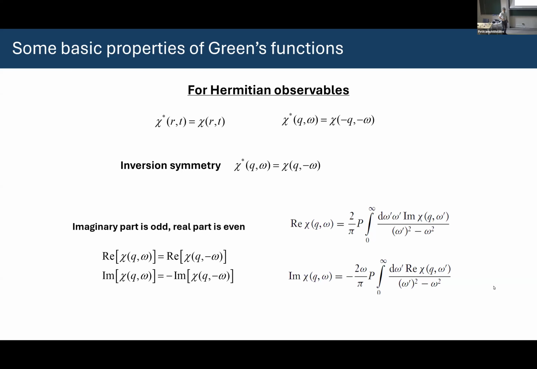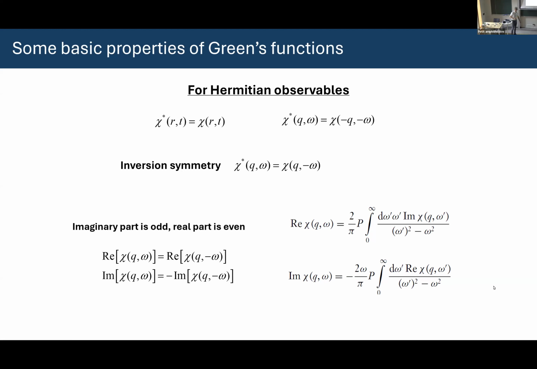In addition, if the system has inversion symmetry, then the response at q will be equal to the response at minus q. So chi of q and omega will be chi of q and minus omega. That has a simplifying effect on the Kramers-Kronig relations, because the real part of chi will then be even in frequency and the imaginary part will be odd.